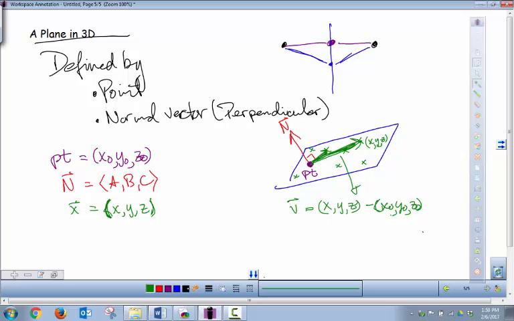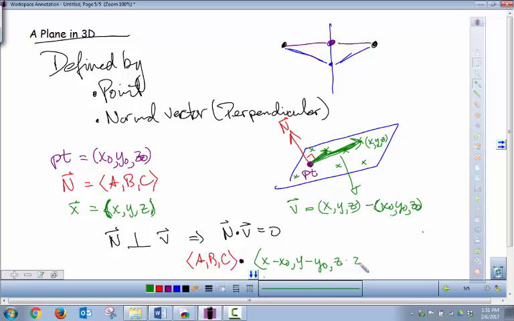So n is perpendicular to v, which means if we take the dot product of that, we should get equal to 0. n is A, B, C. V, whoa, I have to subtract this: x minus x naught, y minus y naught, z minus z naught.